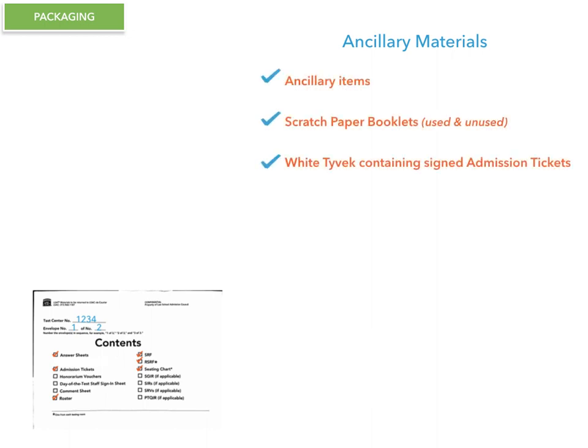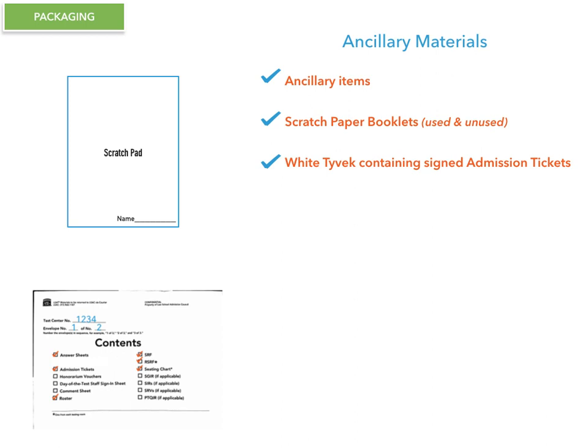Any ancillary materials that were originally received in this box will be shipped back to LSAC in this box. All the scratch paper booklets, both used and unused, should be placed into the ancillary box for return as well. The last item to be placed into this box will be the white Tyvek containing all the signed admission tickets for the site.